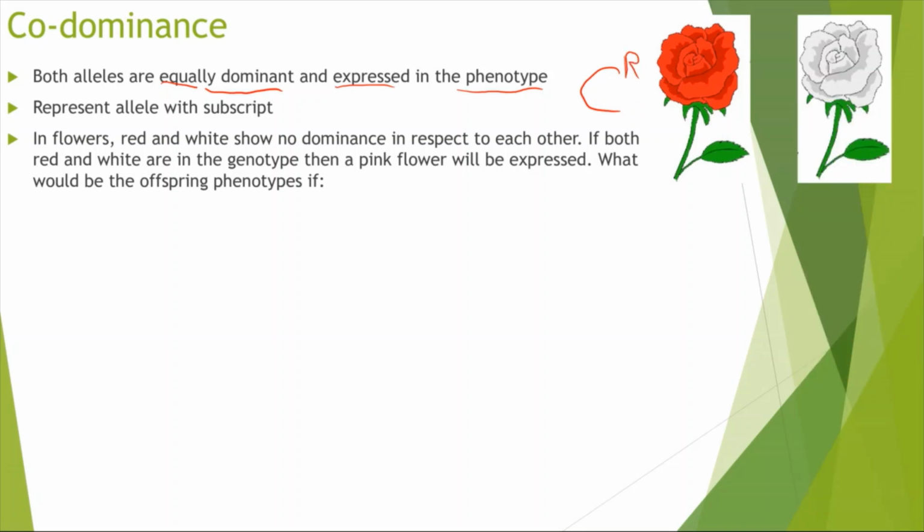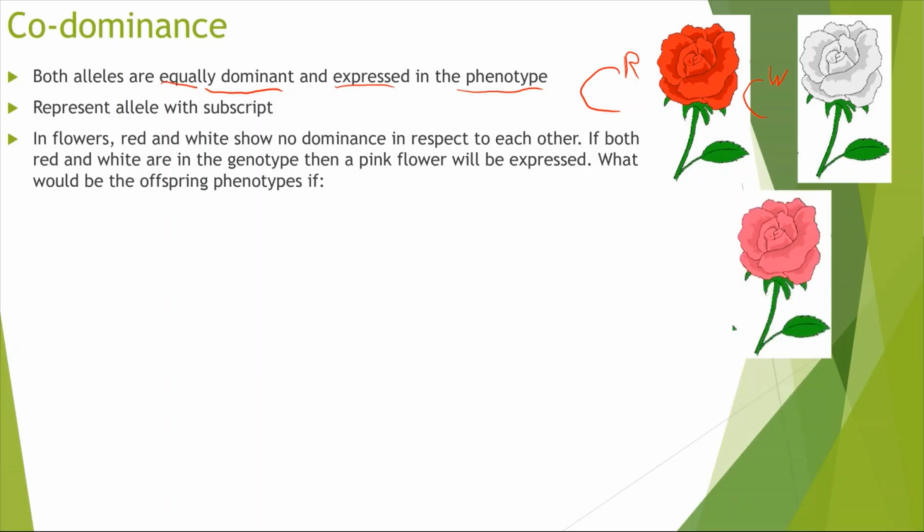And for white, it would be C and the subscript would be W. So this means that if we have CR and CW, then we would end up having a pink flower.